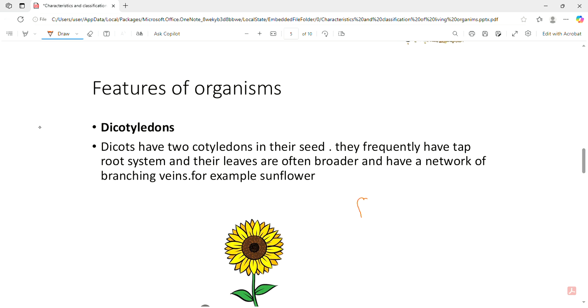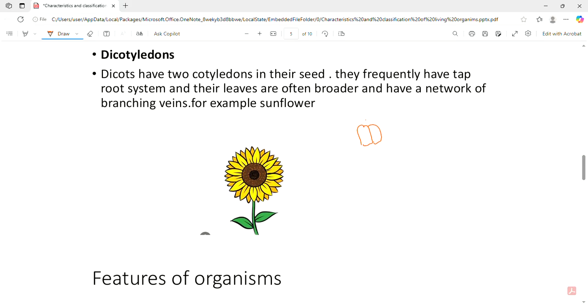If you see the seed there, it has two cotyledons. They frequently have a tap-root system and their leaves are often broader and have a network of branching veins. For example, sansar is a common example. You can see its broad leaves, flower, and also the pollen grains.